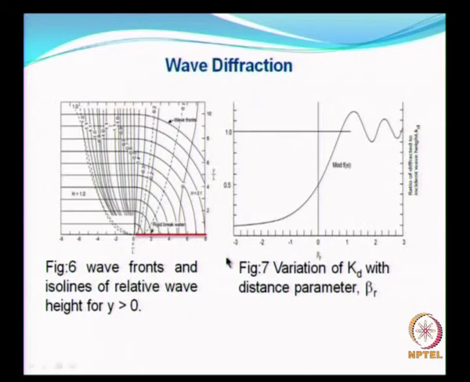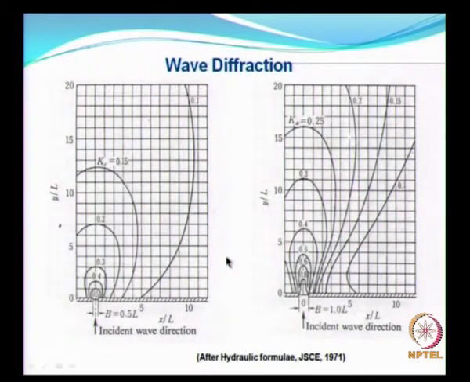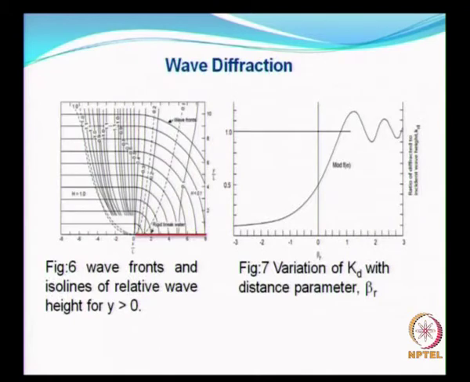I will show you the next figure. You have a rigid breakwater here, and this figure shows the wave fronts and the isolines of the relative wave height. These are the wave fronts, and this is your obstruction, the breakwater, and you see how the diffraction takes place.